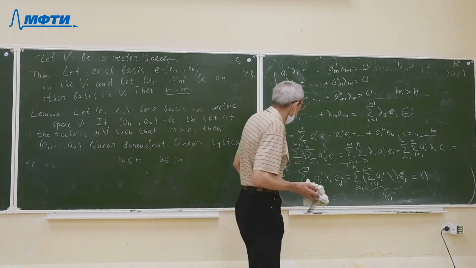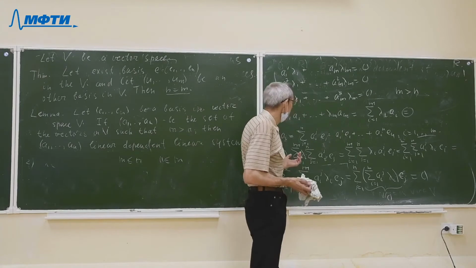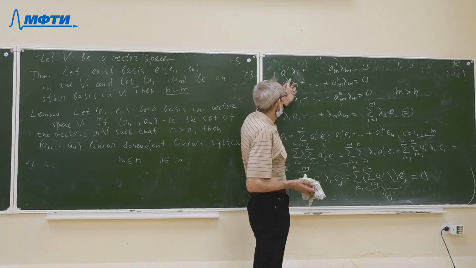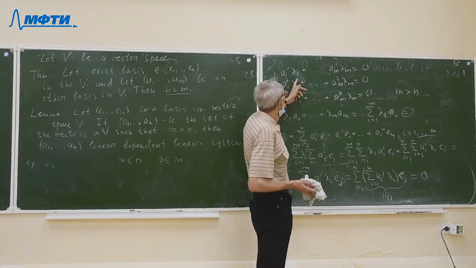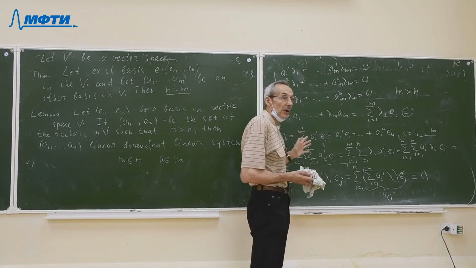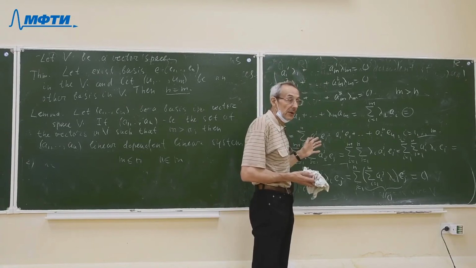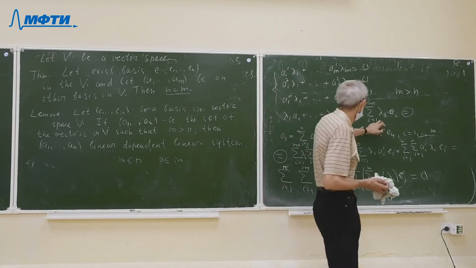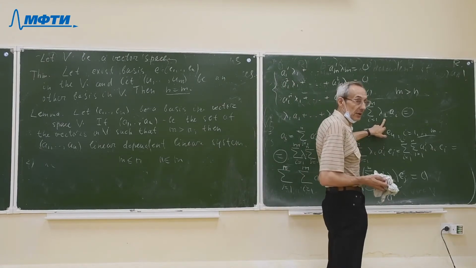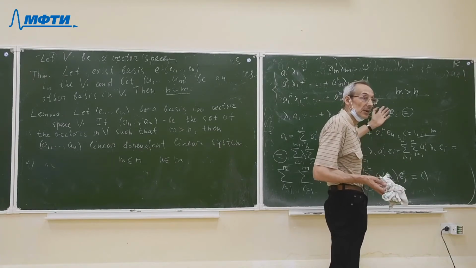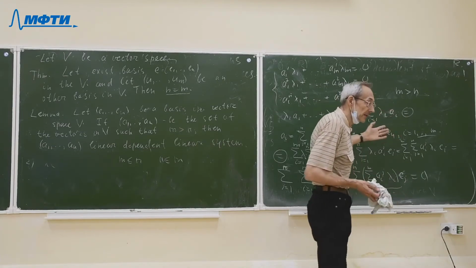It means that there exists a non-zero tuple of numbers lambda 1, lambda m, not all equal to 0, such that this combination with such coefficients is equal to 0. That means that this system is linearly dependent, and this lemma is proved.